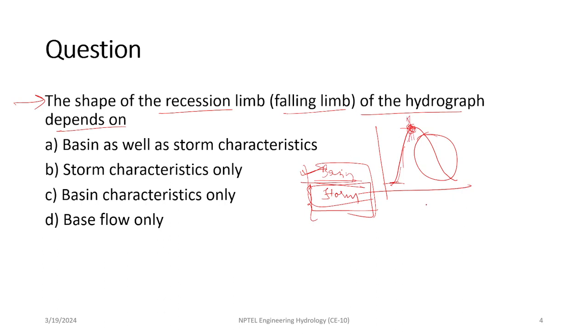So the remaining part, whatever has been stored in the subsurface zone, will be coming out in the form of base flow now. And that's why you are getting this base flow contribution as well as the remaining water that may have been stored in the depression, or in other forms of abstraction or interception. It will be coming now.